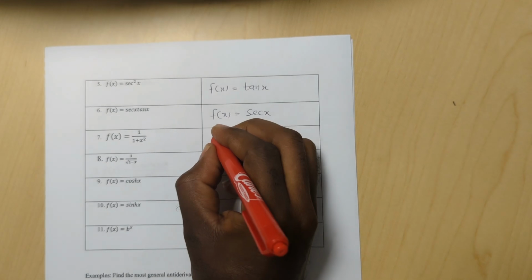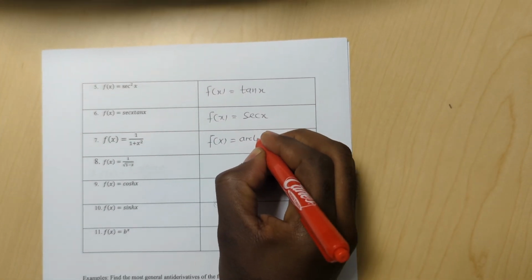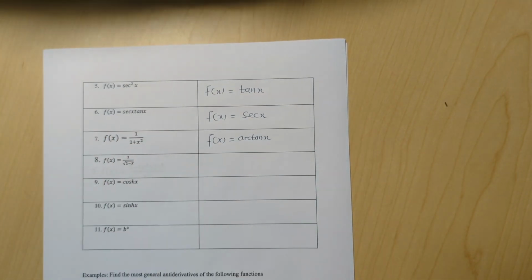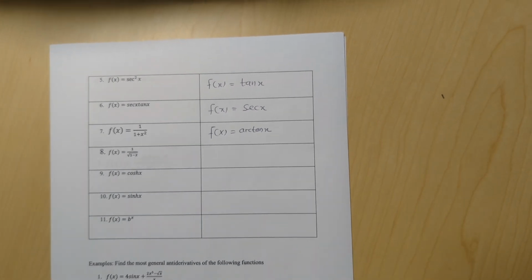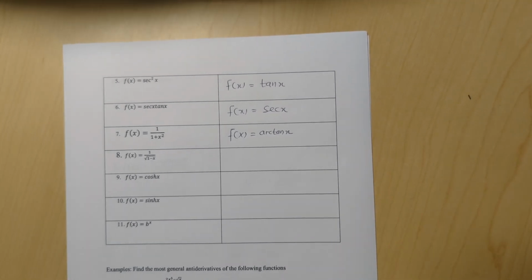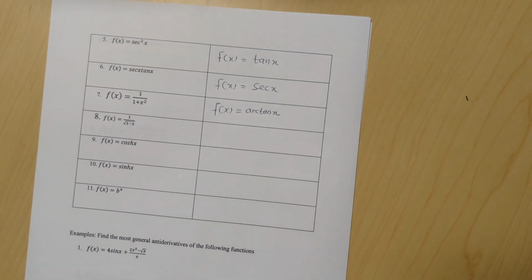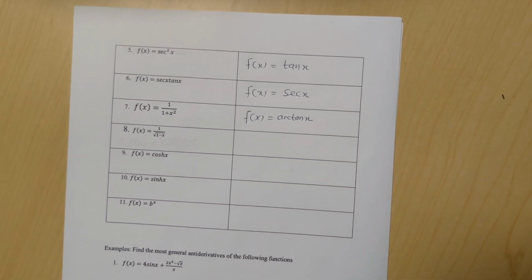The same way, you remember when we differentiate arctan of x, we'll get 1 over 1 plus x squared. Then we can say arctan of x is the antiderivative of 1 over 1 plus x squared. Later on in this course, we are going to prove the reason why it's like that. But now we are just looking at the general form of other antiderivatives.